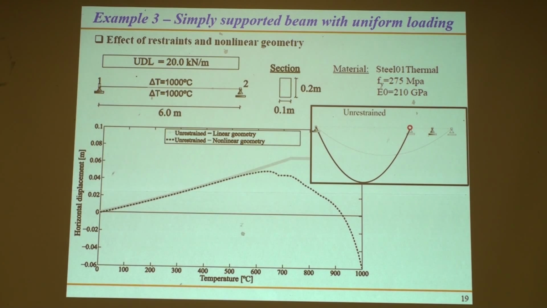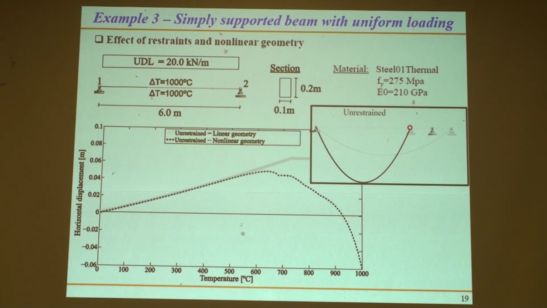But if you look at the nonlinear geometry, what happens now, you have this load which is applied on the structure. So you have an initial deformation in the beam just due to the uniform distributed load that's applied. And as you start increasing your temperature, you actually start seeing that first the beam elongates initially, right? So as you're increasing the temperature, you're actually getting that elongation.